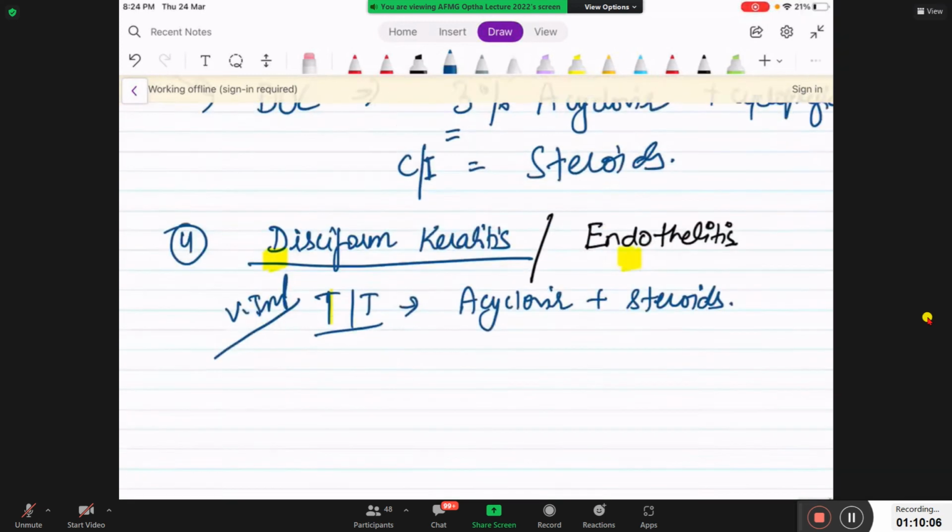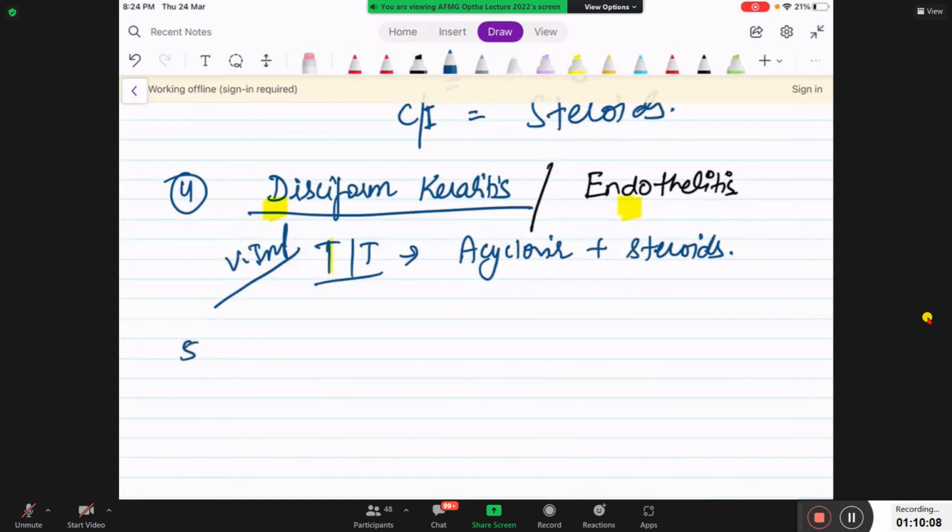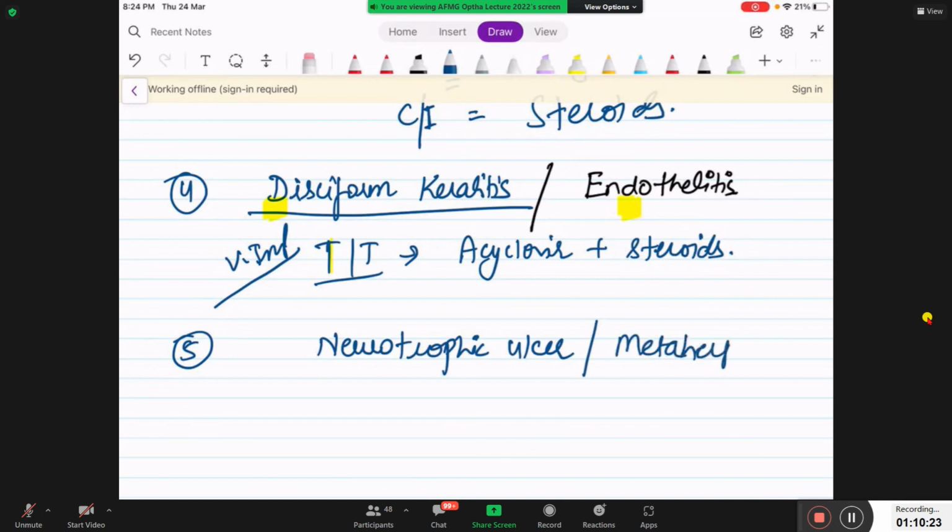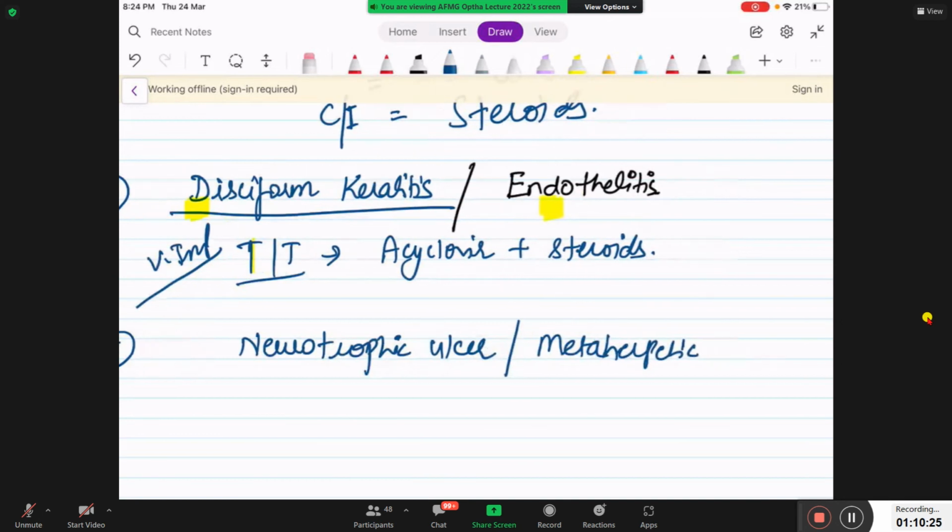Clear? Coming to the last, fifth subtype of HSV keratitis, it is called neurotrophic ulcer, also called metaherpetic keratitis. As the name suggests, neuro means something has to do with a cranial nerve.